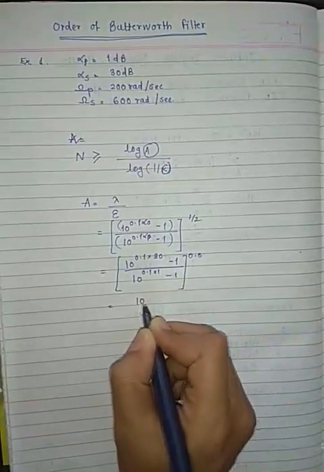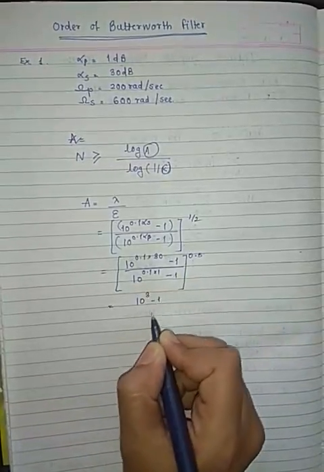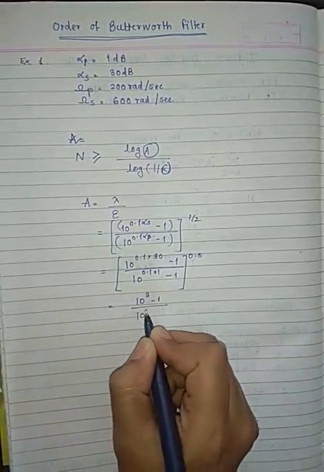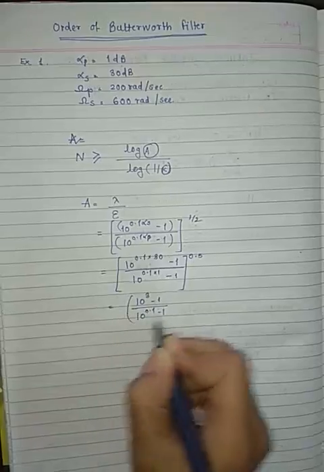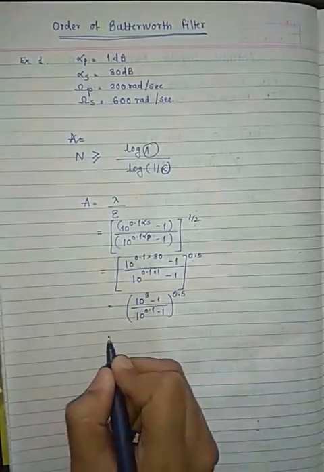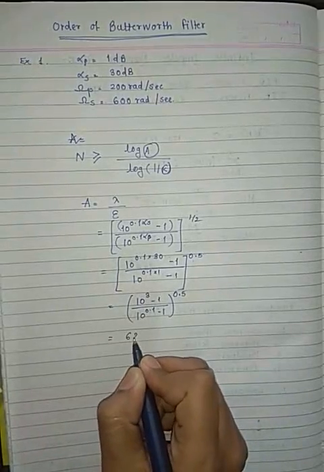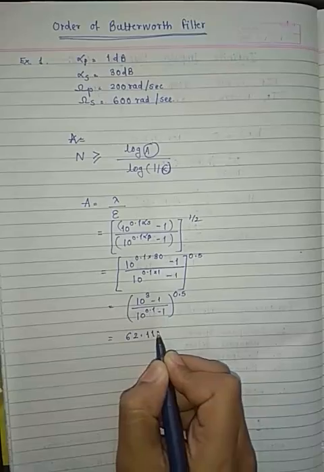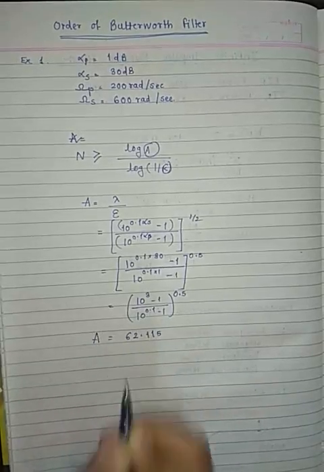So it will be 10 raised to 3 minus 1 divided by 10 raised to 0.1 minus 1, the whole raised to 0.5. This value after calculation is 62.115. So this is our A.